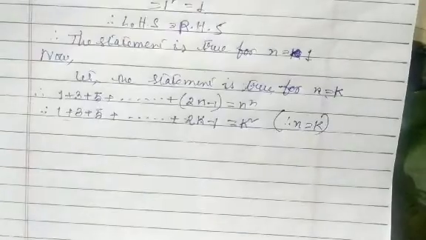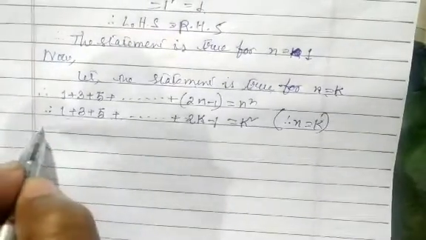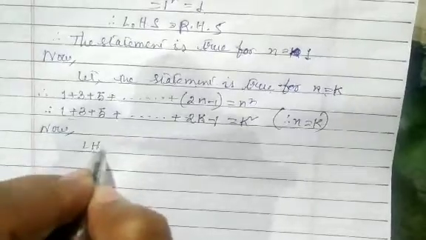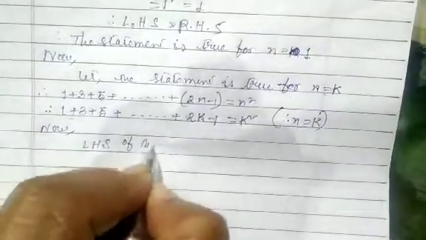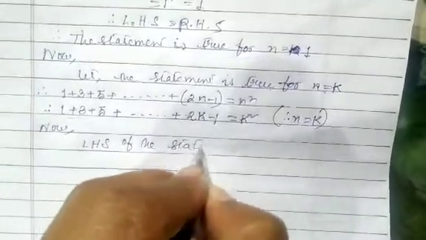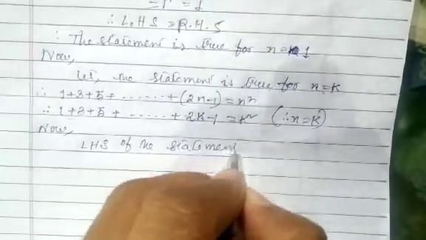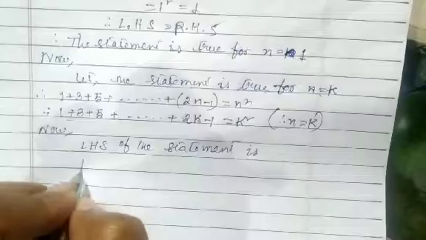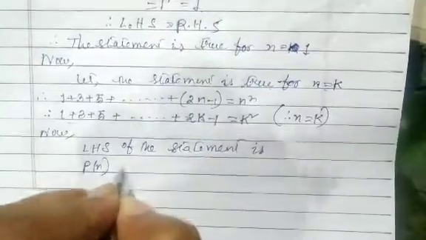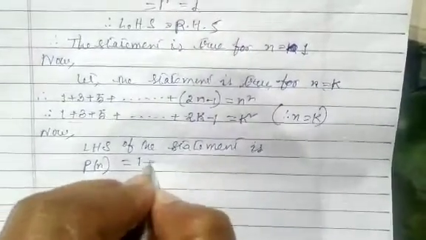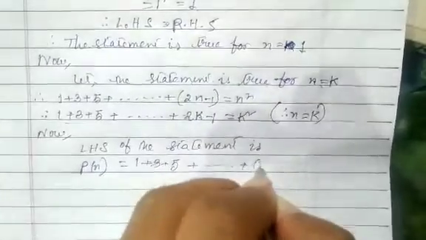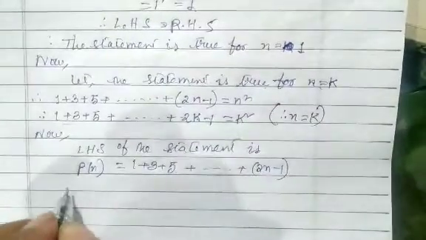Okay, now let's check. The left hand side of the statement is P of n. P of n is a statement, and the statement is 1 plus 3 plus 5 plus dot dot dot plus twice n minus 1.